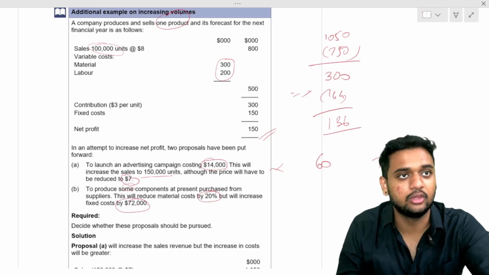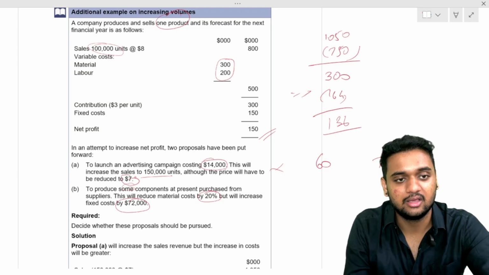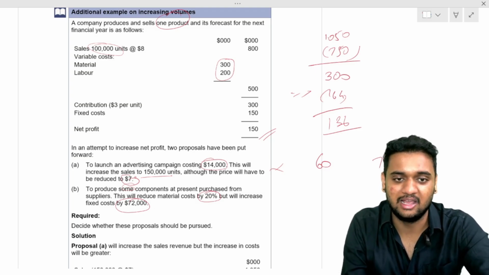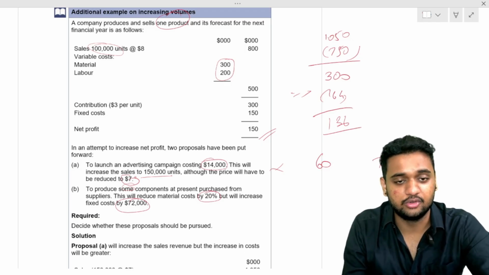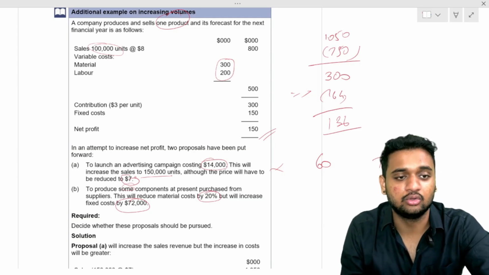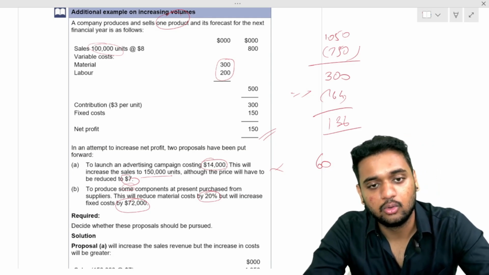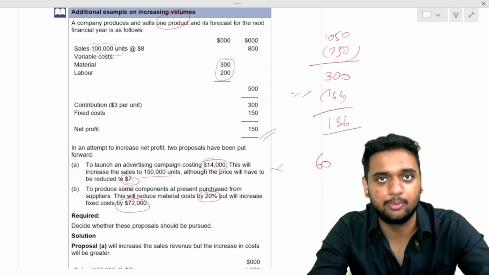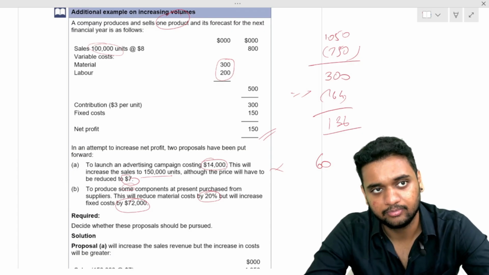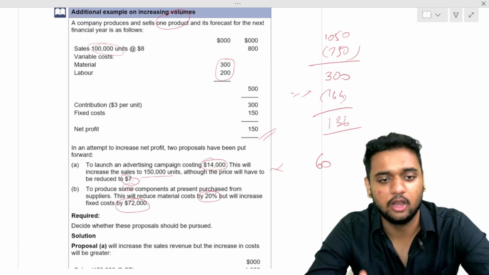In the second case, sales is 8 lakhs minus material 2,40,000 minus labor 2 lakhs, you get contribution, minus fixed cost 1,50,000 plus 72,000, you will get a profit of whatever it is. Then compare the profit: if the profit is increasing, accept; if the profit is decreasing, don't accept. Both ways you can do it, but be logical.